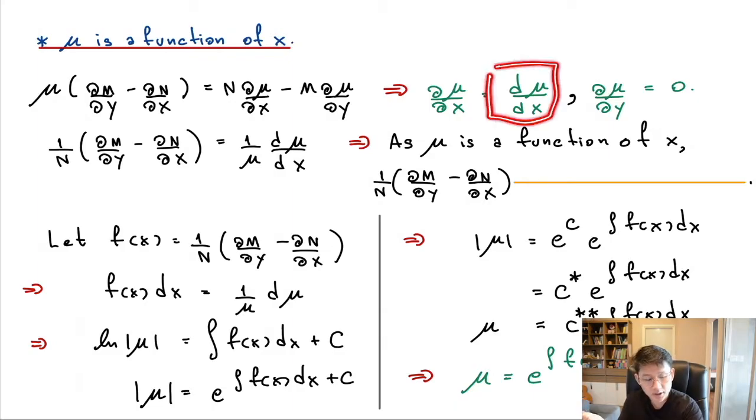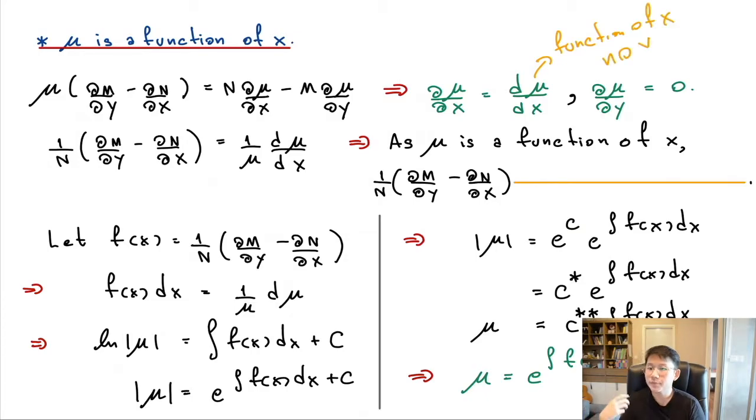Because mu here is a function of x, which means that there's no y, so you don't need a partial derivative. And d mu by dy is 0.